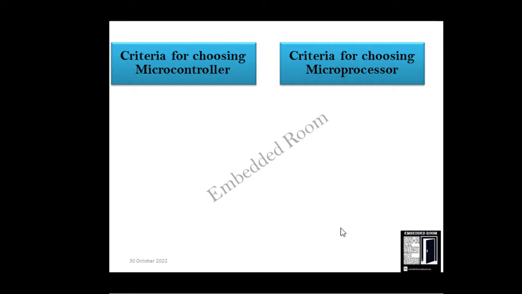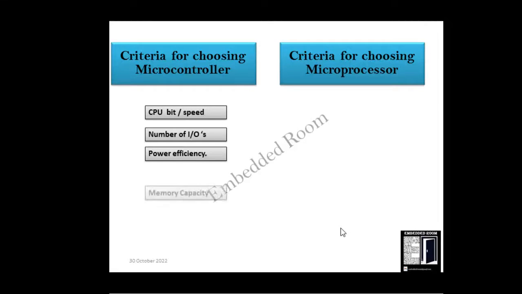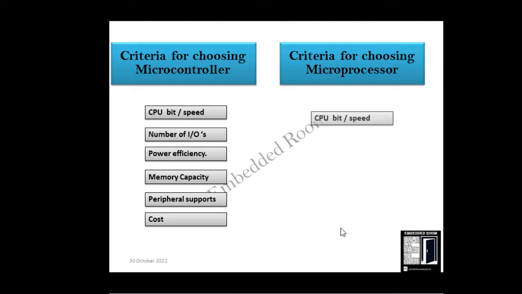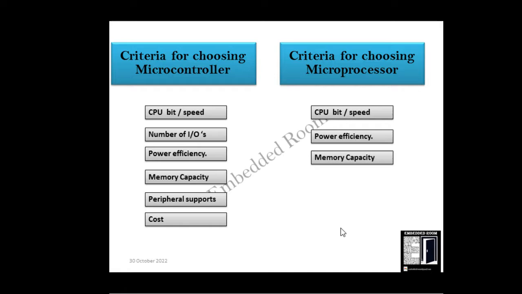Next, criteria for choosing the microcontroller and microprocessor. First, we will see the criteria for choosing the microcontroller. Most of them are similar. So in both cases we need to consider CPU bit width and speed.